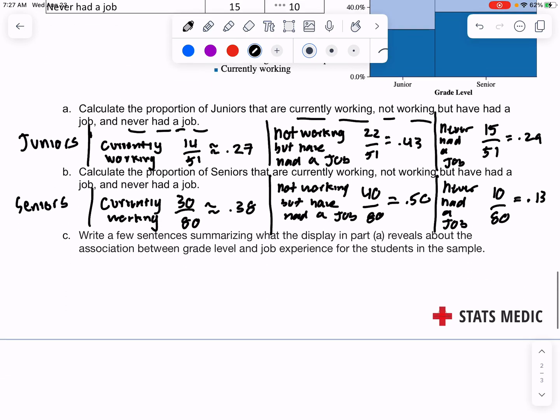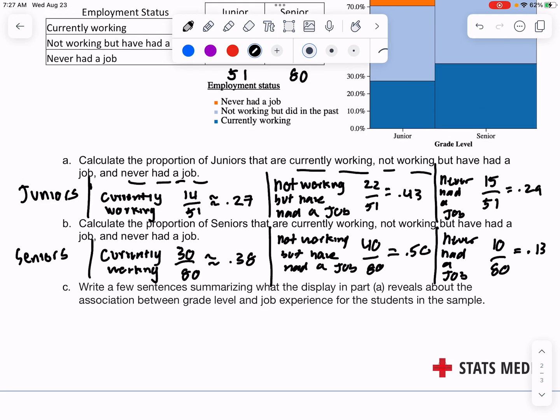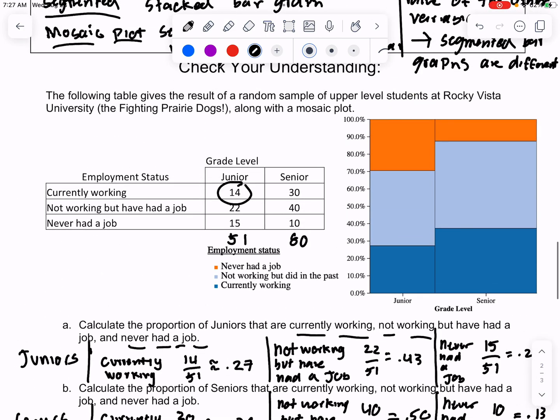Okay. So they want us to write a few sentences summarizing what the display in the Mosaic plot reveals about the association between grade level and job experience for students. Okay, so are the bar graphs the same?